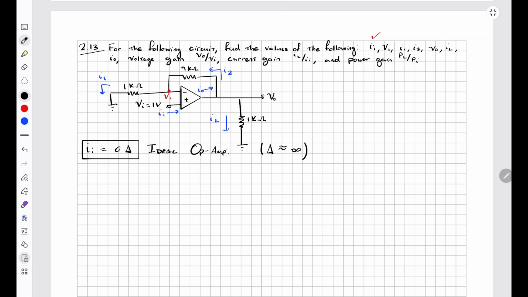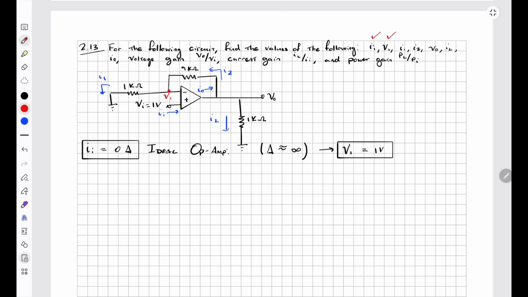Again, that's in the ideal case, but taking that assumption, due to the short circuit approximation, this V1 is short circuited to this V in, 1 volt. Therefore, that node labeled as V1 is equal to 1 volt. So we have solved for V1.